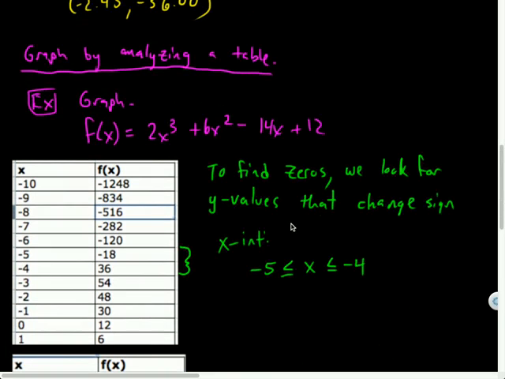So in terms of this table, I see that from negative 12 to negative 148, let's see, I'll do this in yellow. I don't know if it'll show up that well. That's an increase. Actually, I'll write it over on the side here. So this is an increase from negative 8 to negative 5, increase, negative 5 to negative 2, increase, negative 2 to negative 1, increase, negative 120 to negative 18, increase, negative 18 to 36, increase, 36 to 54 is an increase, and then 54 to 48 is a decrease, right?